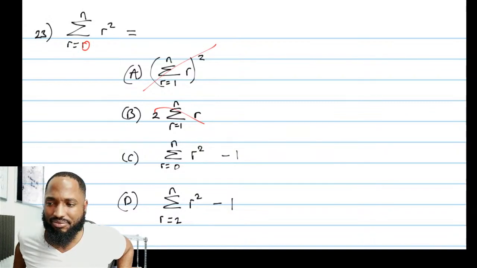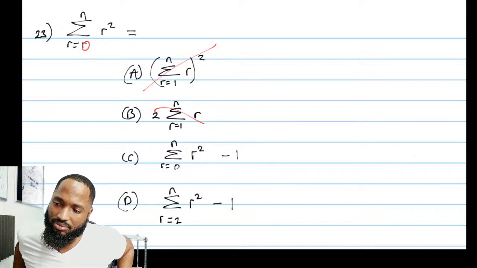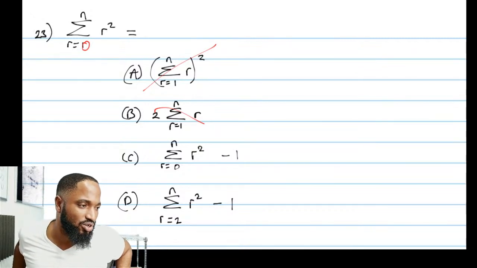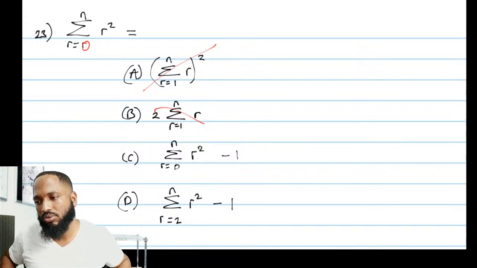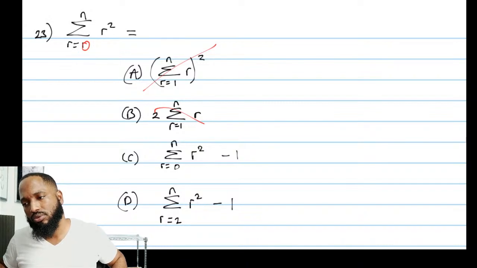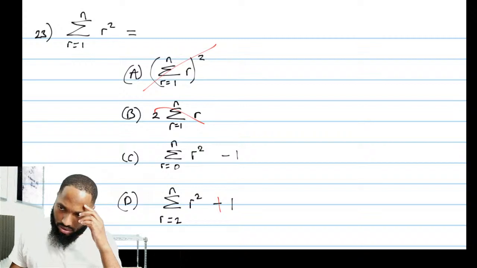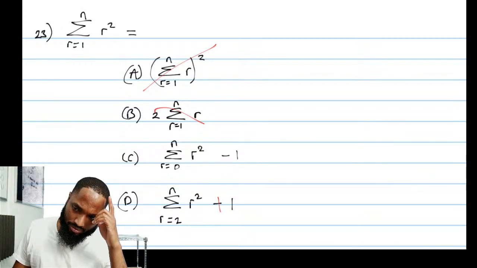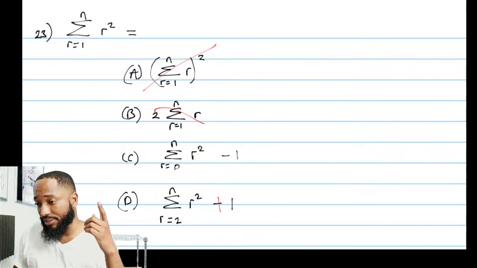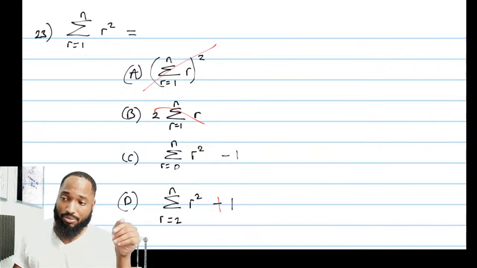The best answer in this situation would be C. Or if I had something like this, where r is 1 to n, and I decide to go with 2 to n, I forgot the 1, so I need to add back the 1.